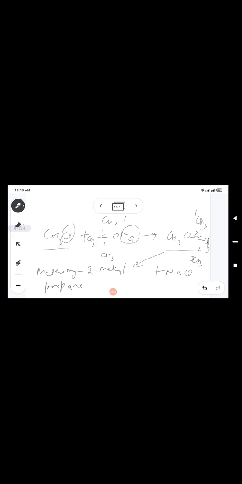So this is how this reaction goes on. But here the condition is this alkyl halide should be primary, not secondary or tertiary.